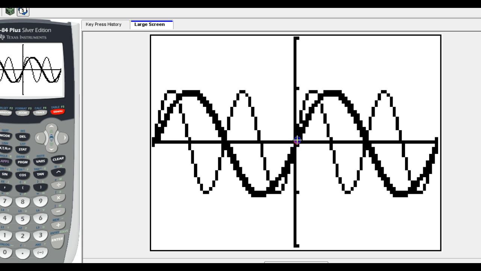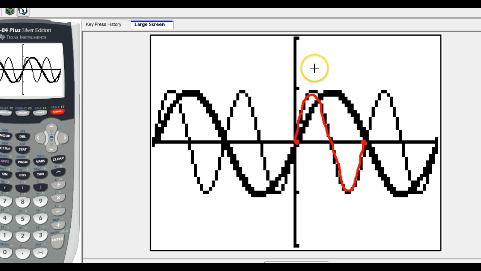It's starting right here. It's going up, and then it's going down, and then it's going back to the beginning, and then it starts over again right there. So this is now one period of this function, and instead of going all the way to 2 pi, it starts repeating at pi.